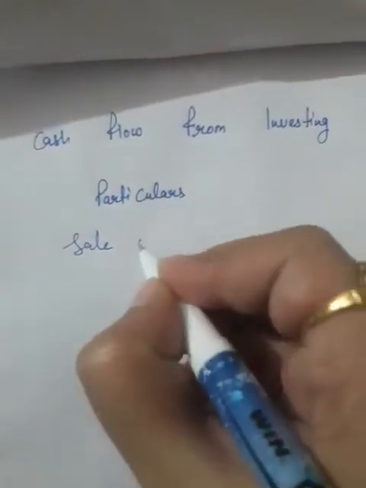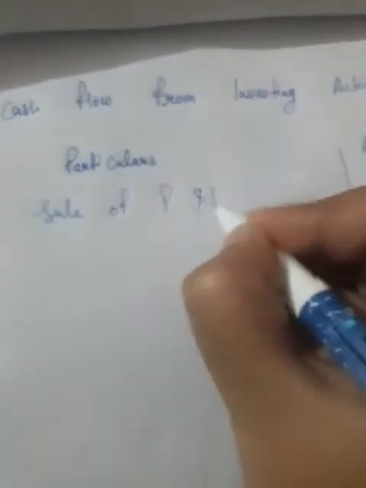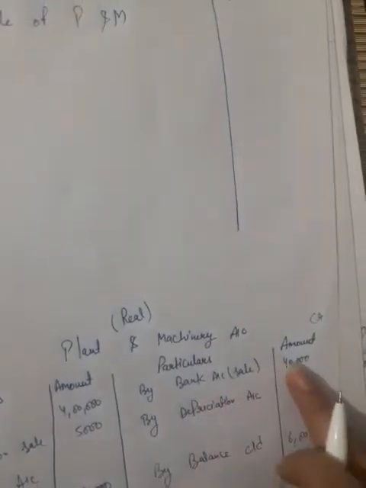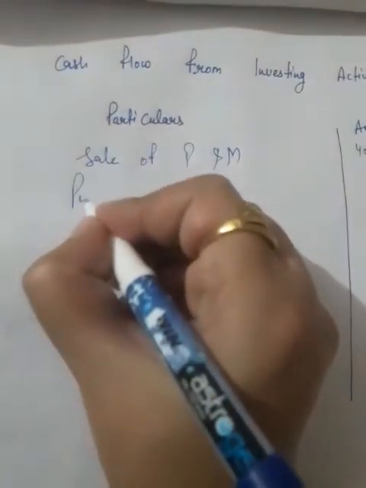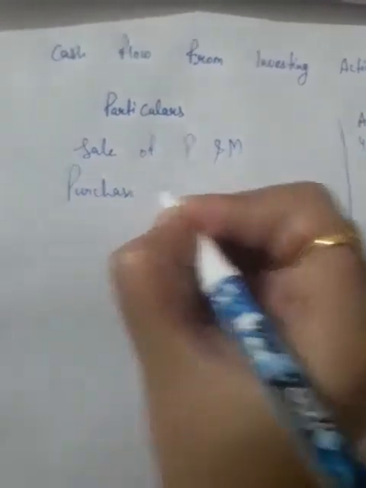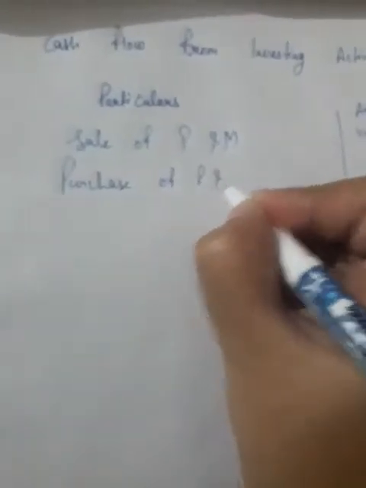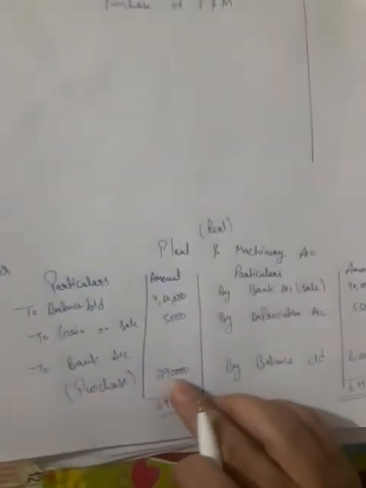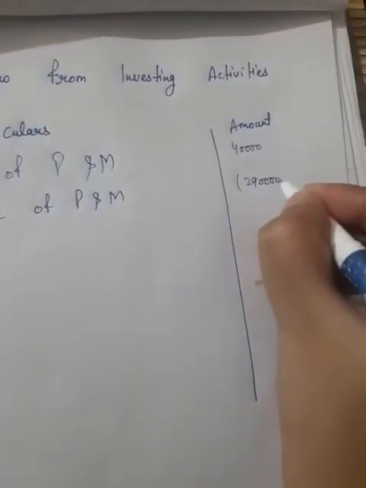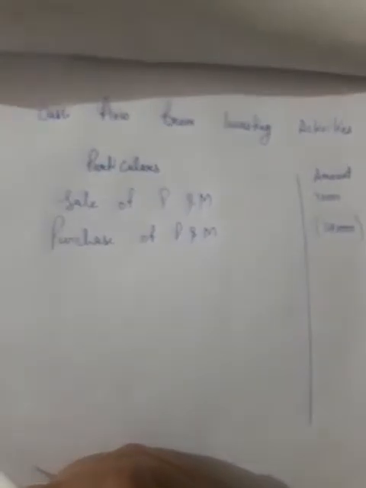In investing activity, first we will write sale of plant and machinery, already written in the account, that is 40,000. Purchase of plant and machinery, already calculated as 2,90,000. Purchase is an outflow, that's why it is in brackets for minus.